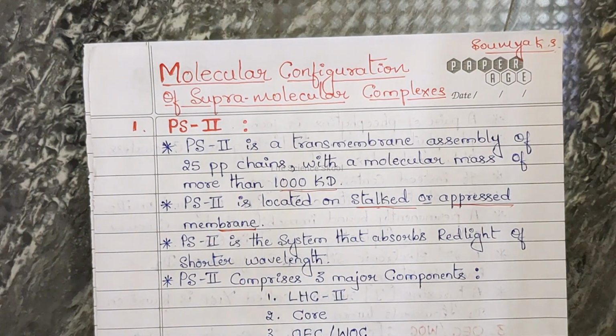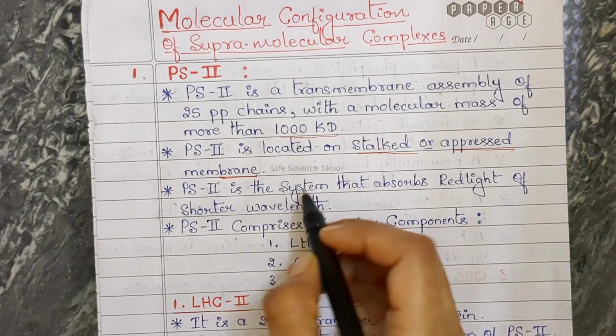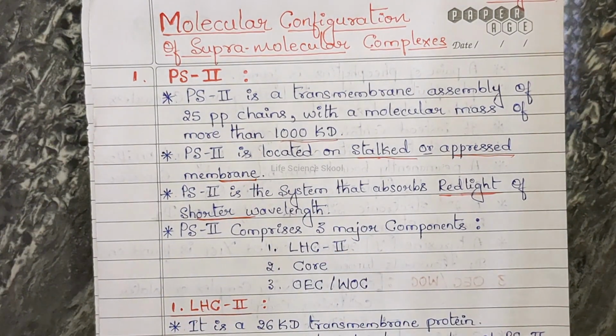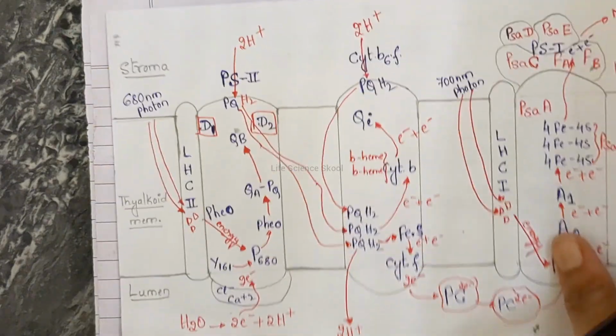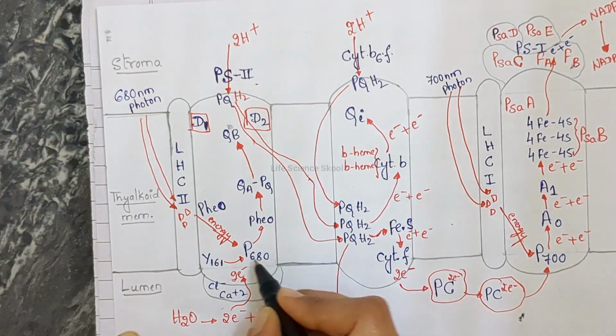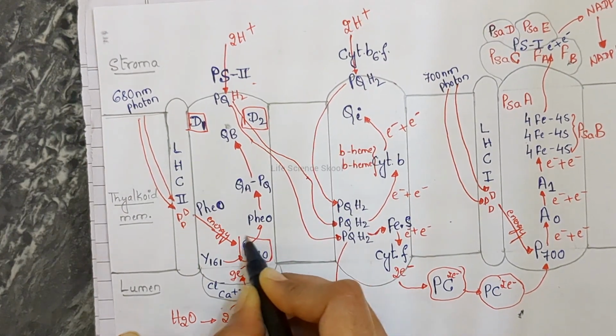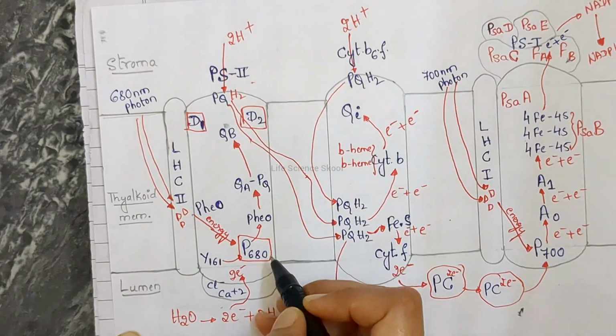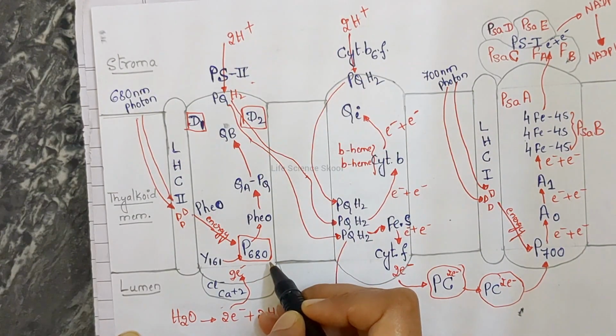PS2 is the system that absorbs red light of shorter wavelength, as you can see in the diagram which I have drawn. This PS2 absorbs the shorter wavelength, that is 680 nanometer.